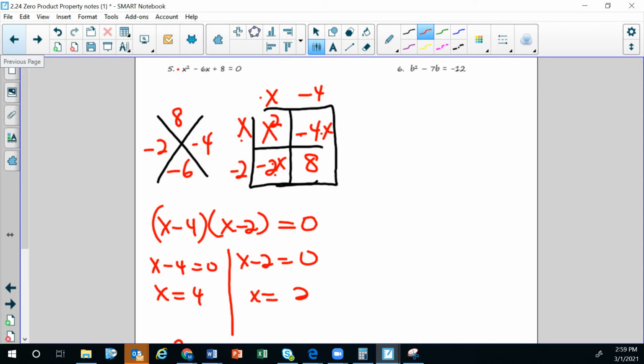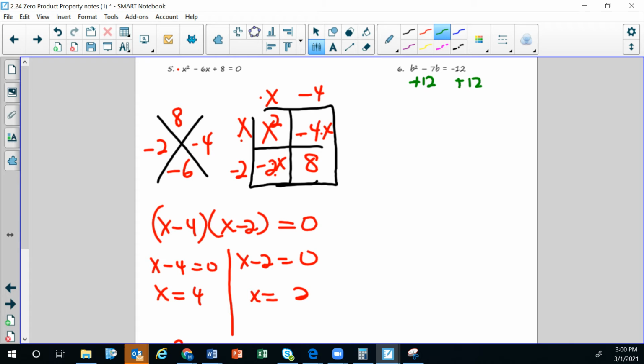Now, if you notice, in B the equation is not set to 0. So I need to modify the equation so I have 0 on the right side. What I'm going to do is just add a plus 12 here and a plus 12 on the left side.